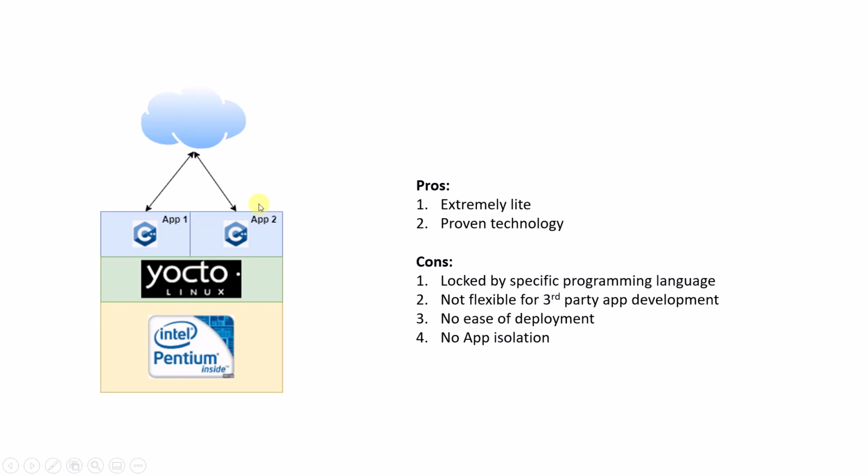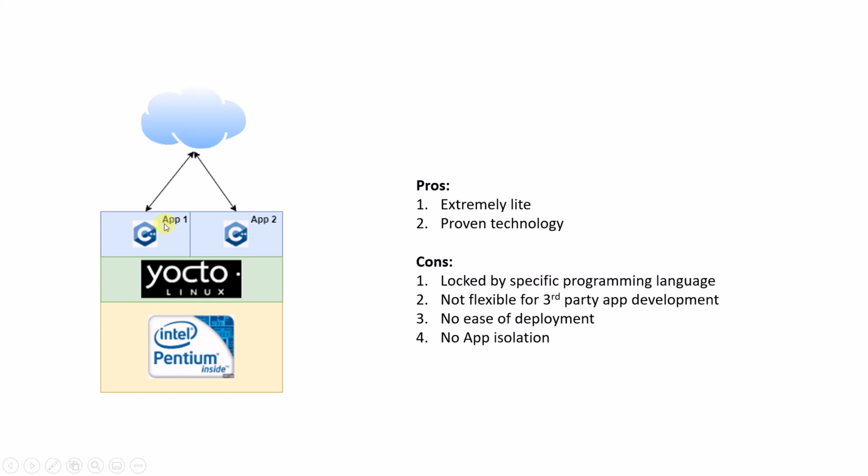You are locked into a specific programming language, which leads to a problem where third party app development cannot happen in a language other than C++. And the other problem is that these C++ apps will not have complete isolation.